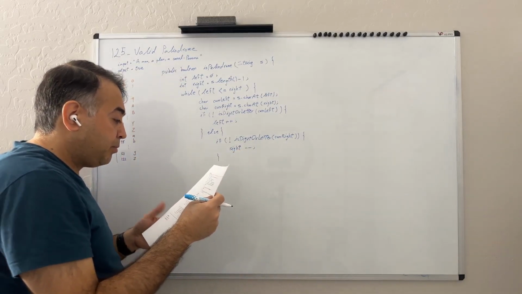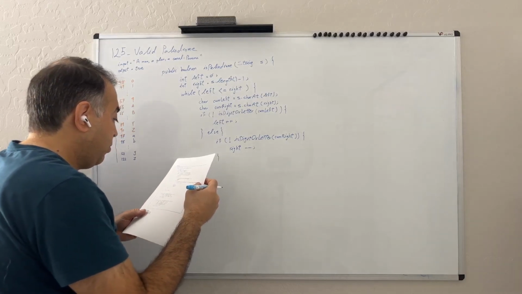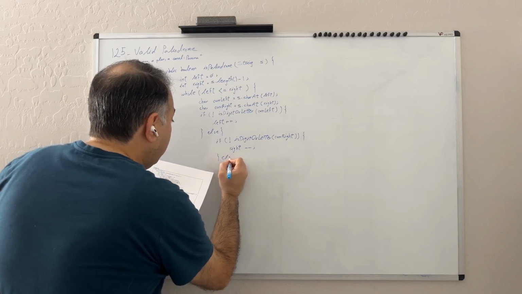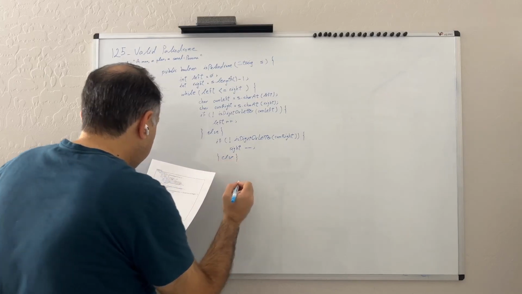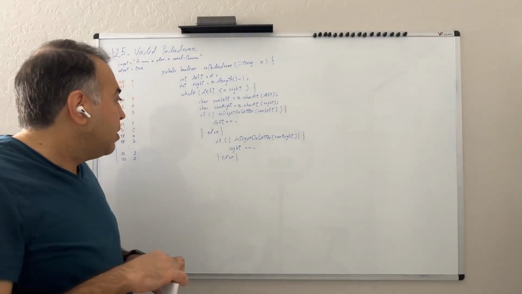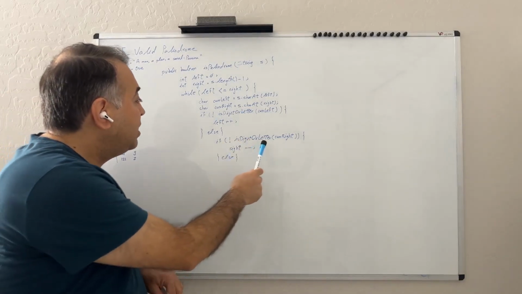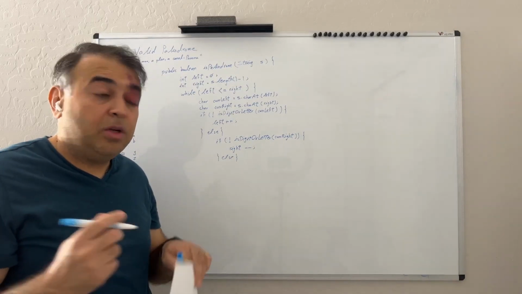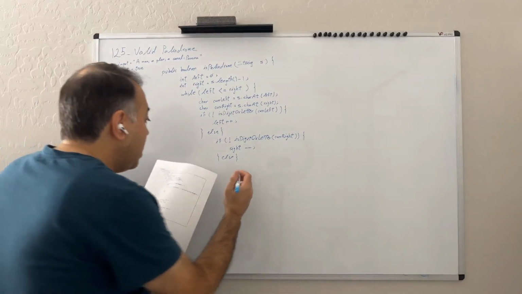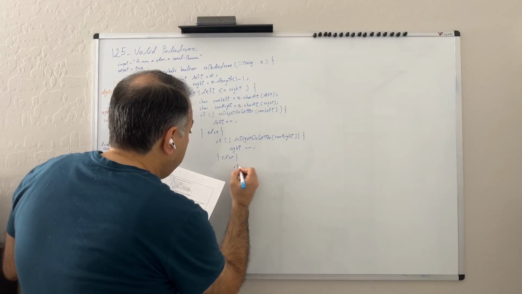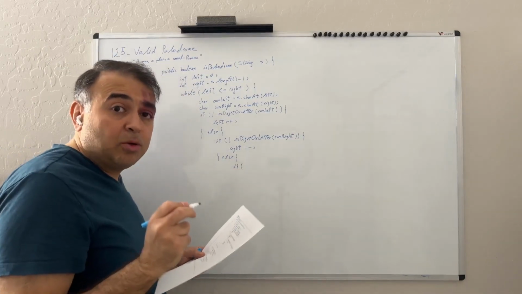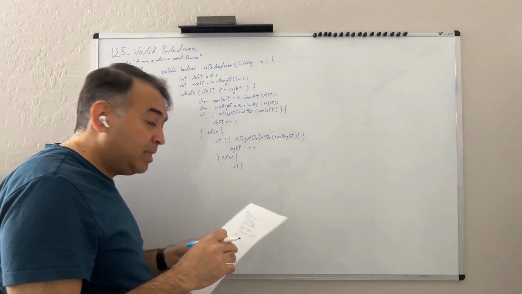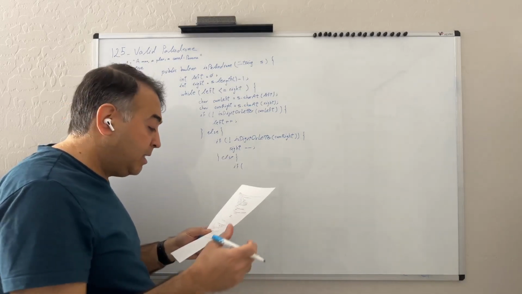Okay, and what happens in the other case? I checked the left character and I checked the right character, so both of them are characters that I can compare to each other. Here I assume that I have a method to lowercase, which gets the character and changes it to lowercase, and then I will be able to compare the characters together.